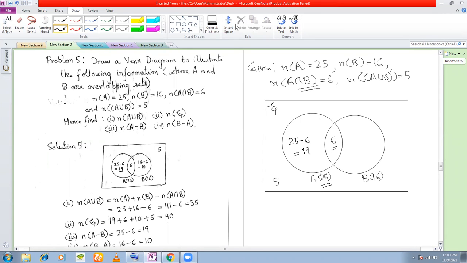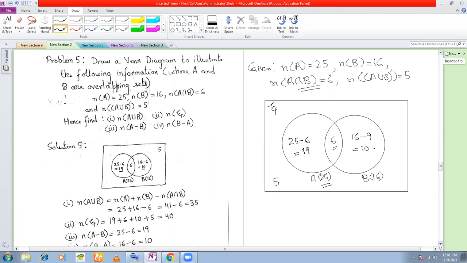And the elements of the set B only are the cardinality of B minus the elements in both A and B. So this is 10. This is how you represent the sets by Venn diagrams.